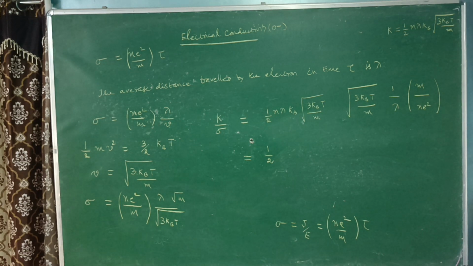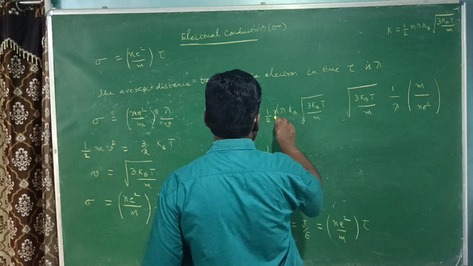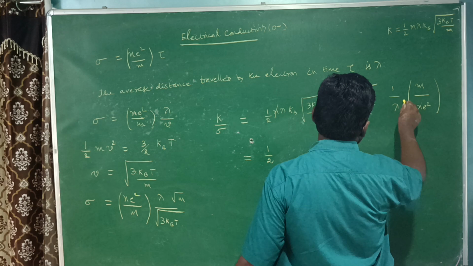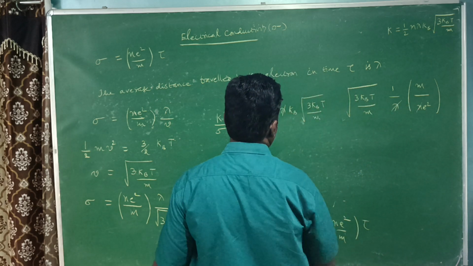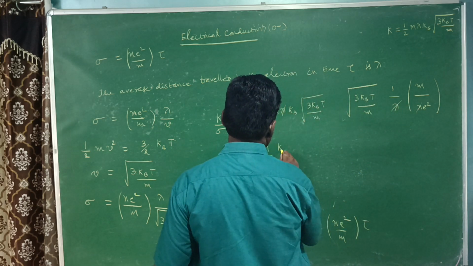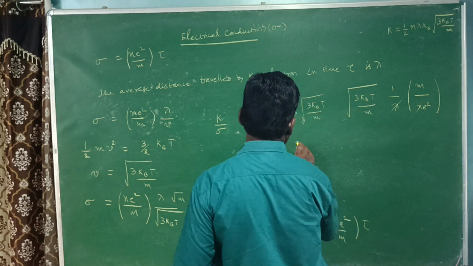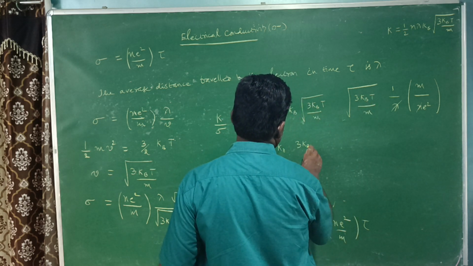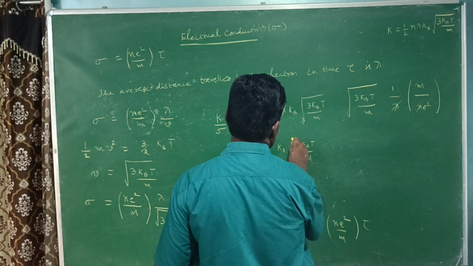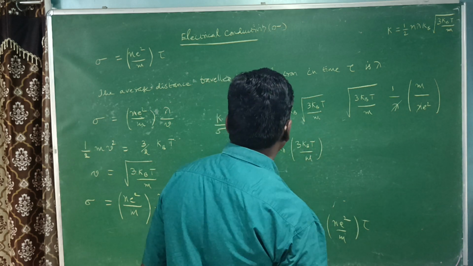See here, this n cancelled out, this lambda cancelled out, write down k_B, 3 k_B into T divided by m without root.